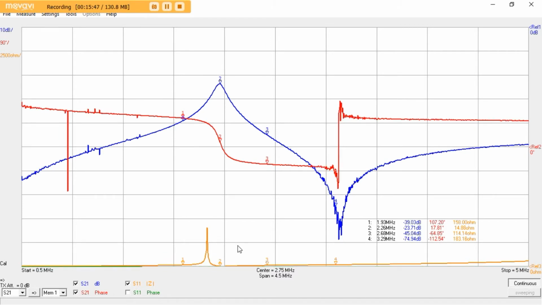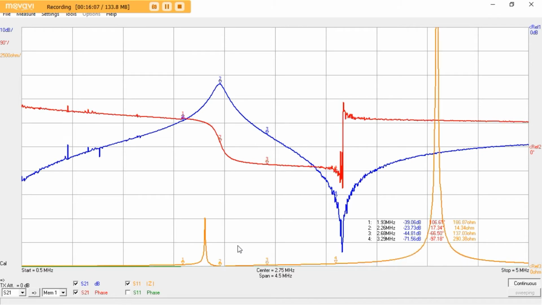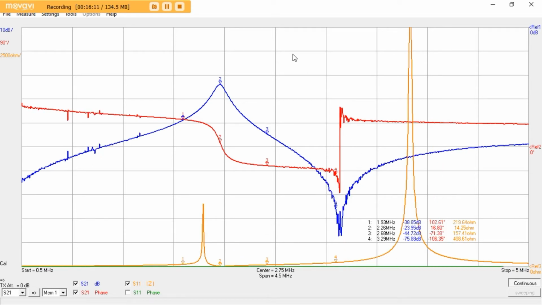Now at the moment I've wound the capacitor right out, so that means it goes down to about 20 picofarad, and I'm going to wind it gradually fully in, back through the balance point. Winding it in. There it is at the top here.